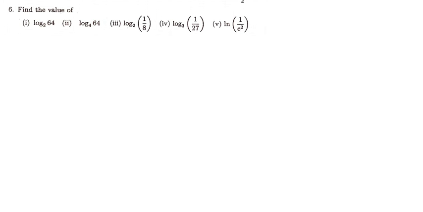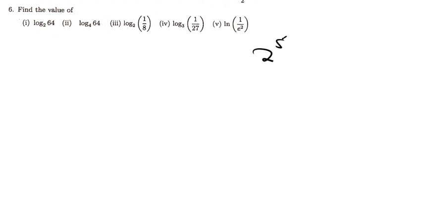So here now, the first one is log base 2 of 64. Now 64 can be written as 2 times 2... so 64 should be 2 to the power 6, not 5.